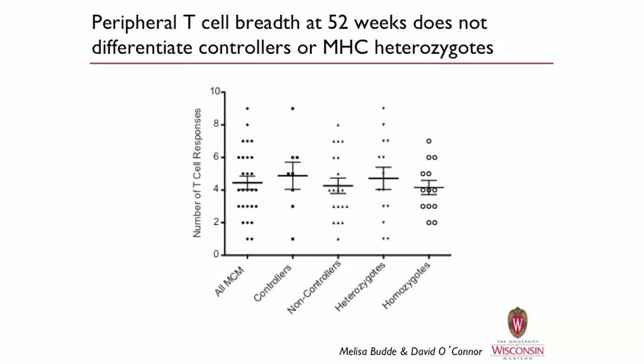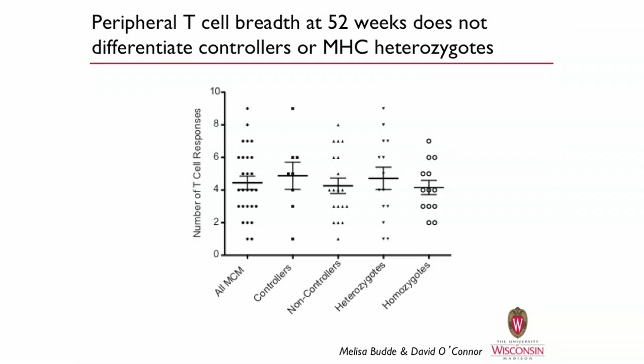So Melissa, Buddy, and Dave's lab looked at the number of CD8 T cell responses. We didn't look at CD4 T cell responses, we only looked at CD8 T cell responses. And we wanted to quantify the number of T cell responses made in these animals a year after infection. She included the 18 animals I showed you in this specific heterozygous advantage study, as well as some other animals we have at Wisconsin.